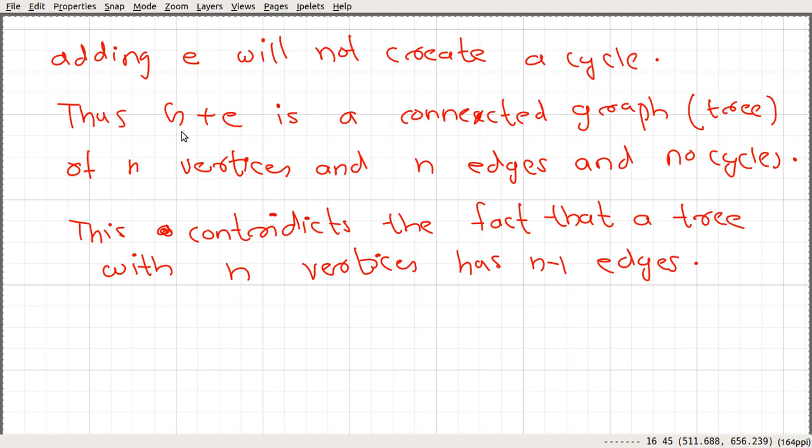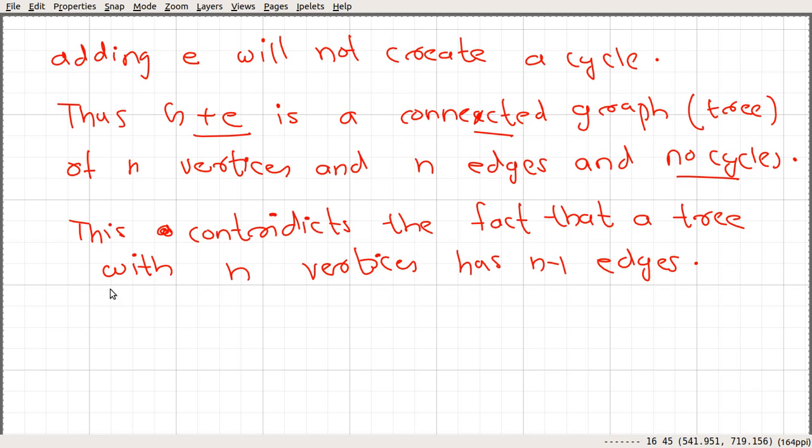So here we saw that this graph G plus E is connected and acyclic, so it is a tree, and this graph has n vertices and n edges. So that is a contradiction to the fact that a tree with n vertices has n minus 1 edges. We proved this fact in a previous video.